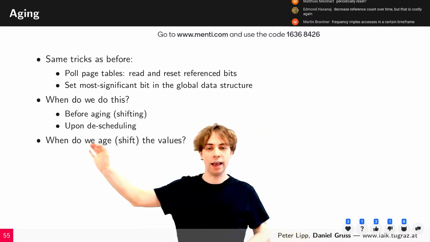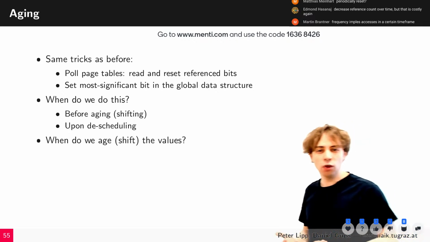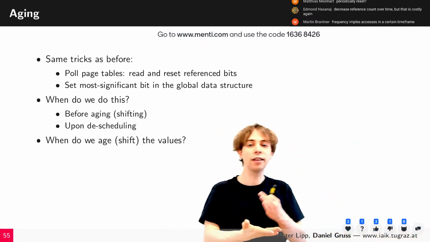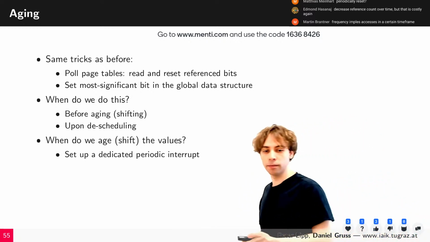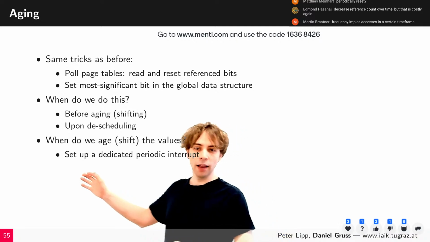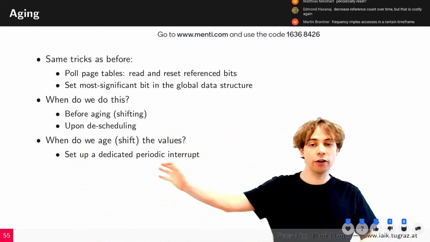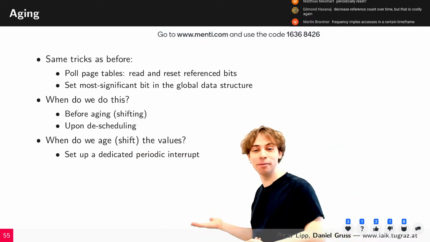When do we do this aging, the shifting of the values? It's not really helpful here to use a thread for that, because this should happen on a regular frequency and threads are not scheduled on a regular frequency. So we set up a periodic timer interrupt. Actually, we already have timer interrupts, right? We can maybe use that.